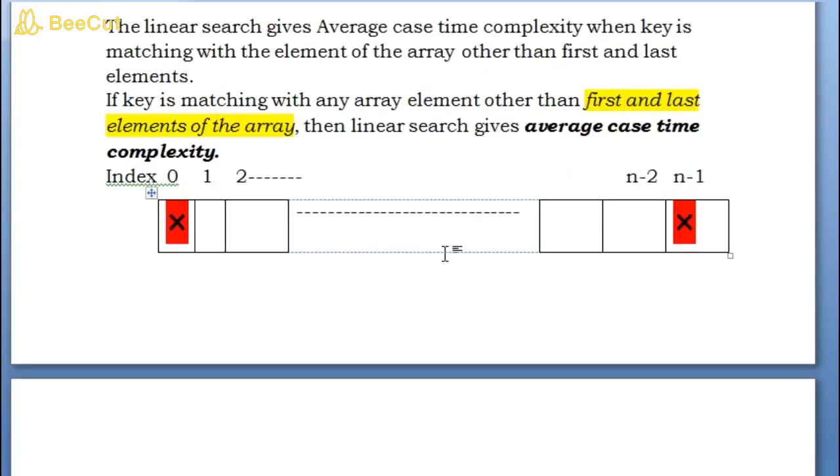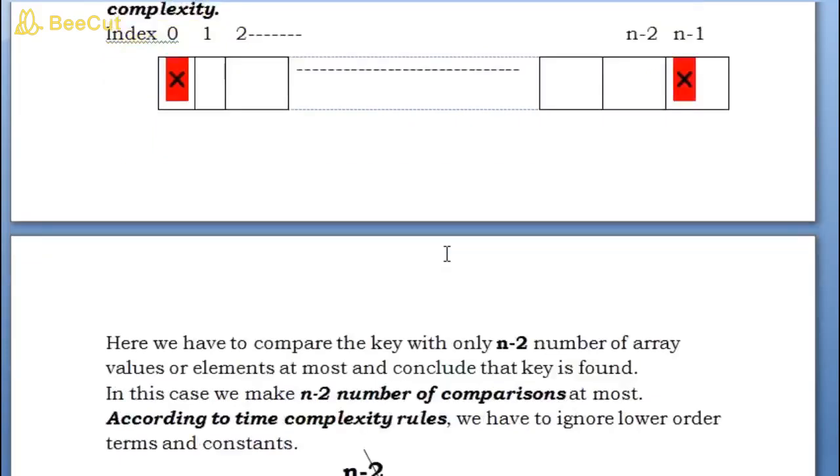That means the key should be compared with at most n minus 2 values. So here we have to compare the key with only n minus 2 number of array values. Why? Because we skipped or ignored the first value and last value of the array in the average case situation. So how many comparisons do we have to make?